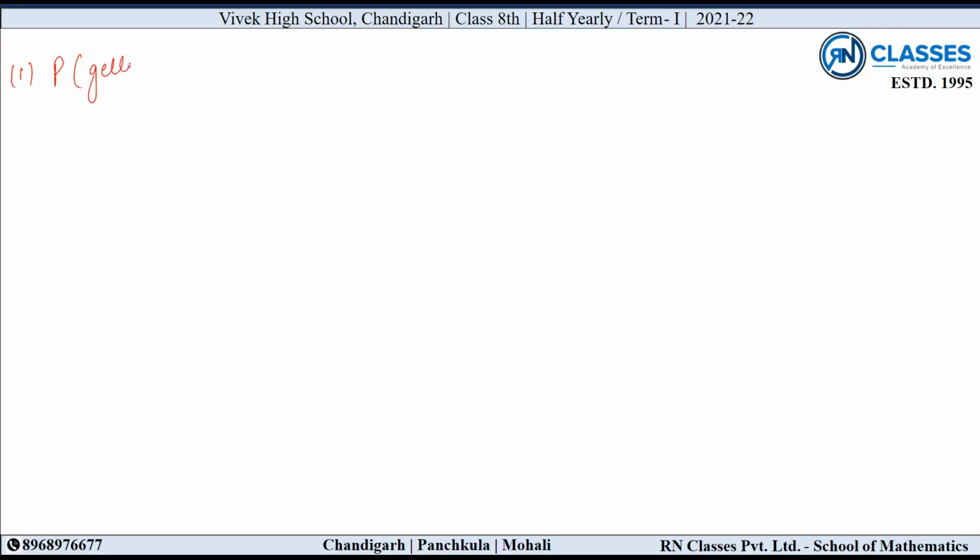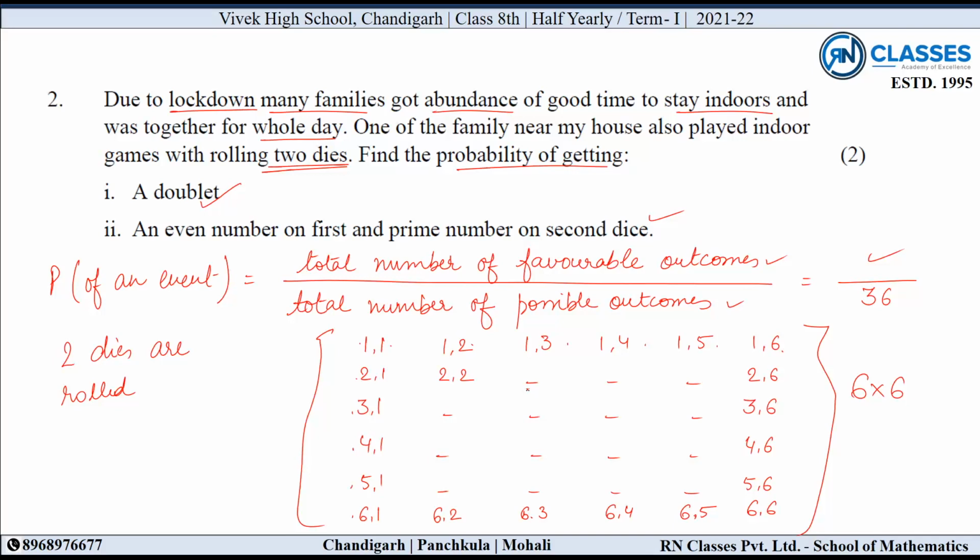First one, getting a doublet. The formula gets repeated. Total number of possible outcomes, we got it 36. Favorable outcomes: when will a doublet happen? Either on 1 1, or 2 2, or 3 3, or 4 4, or 5 5.